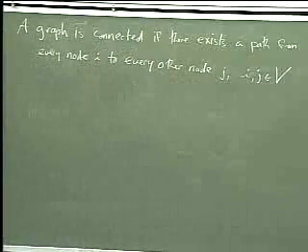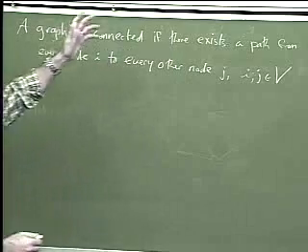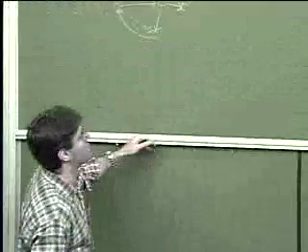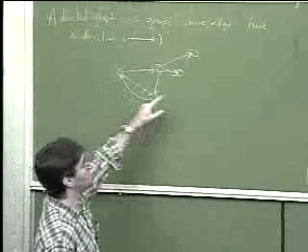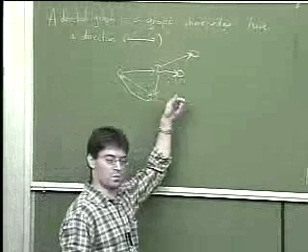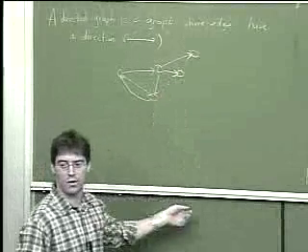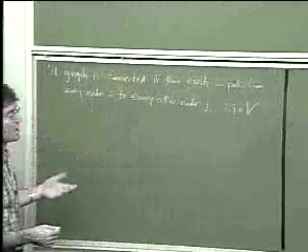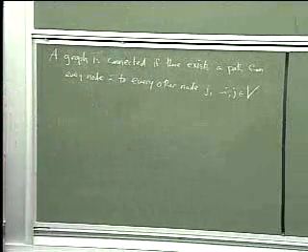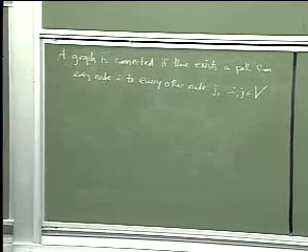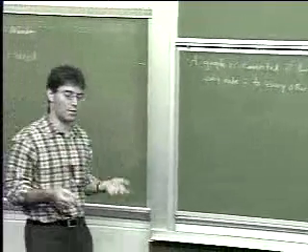So for instance, in the directed sense, this graph is not connected because there's no path from this node to any other node. You're not allowed to go against the direction of the arrow. And in an undirected graph, you can basically see a partition. Somewhere there'll be two nodes that aren't connected by an edge.